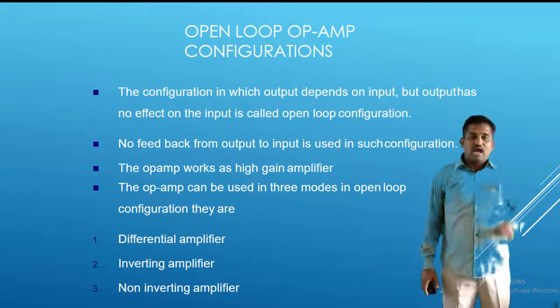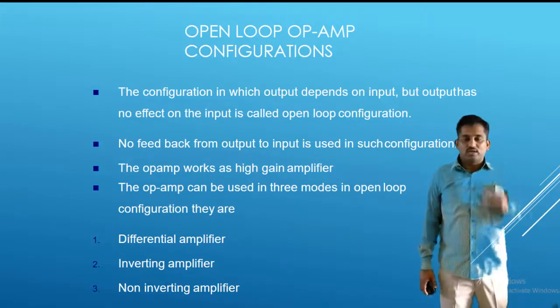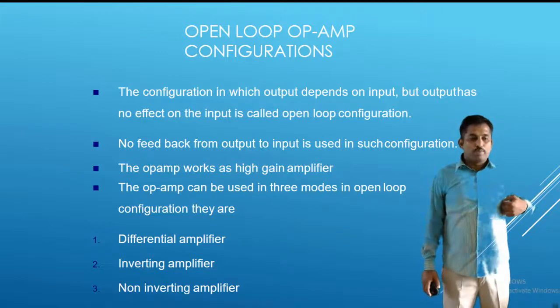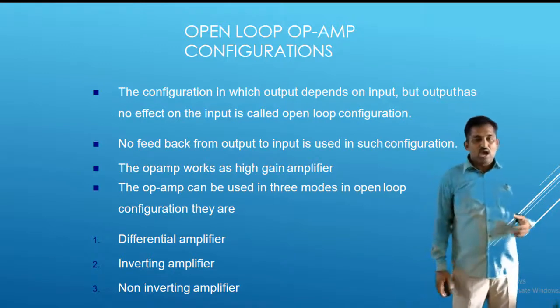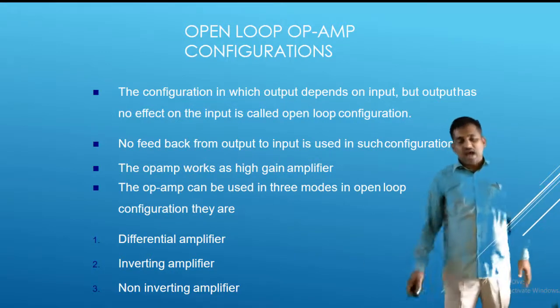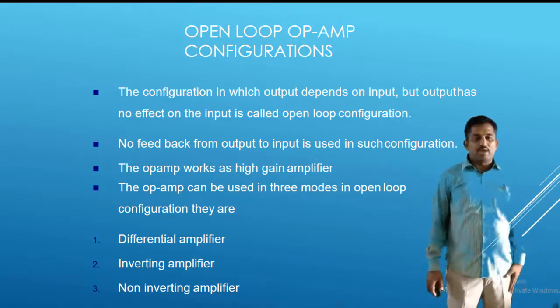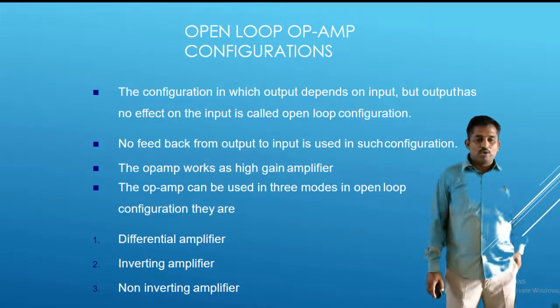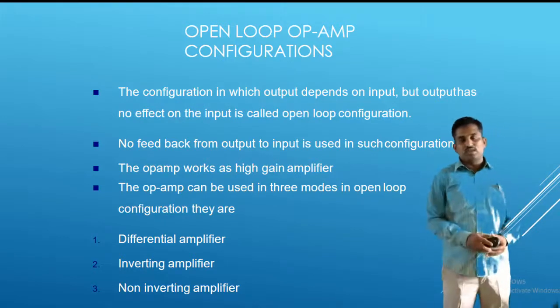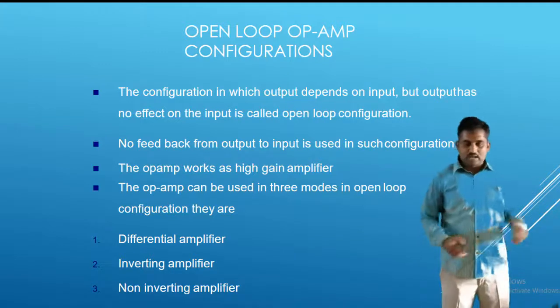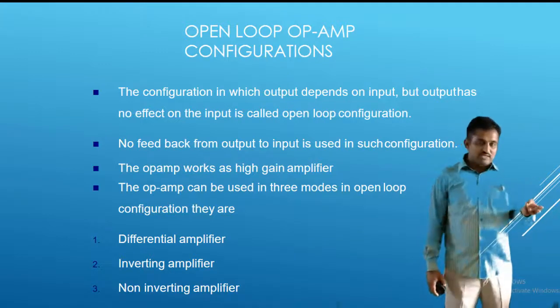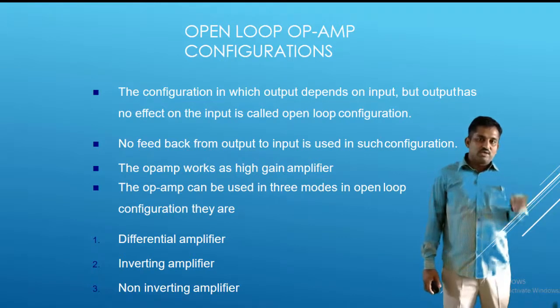Here I am showing you the configurations of the op-amp in open loop. No feedback from the output to the input is used in open loop configuration, and the op-amp has a high gain. The op-amp can be used in the open loop configuration in three ways: one is the difference amplifier, another is the non-inverting amplifier, and the third is the inverting amplifier.